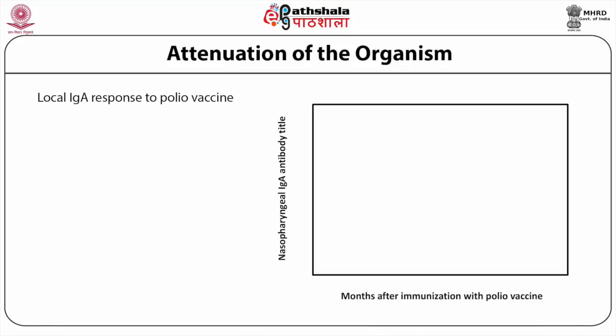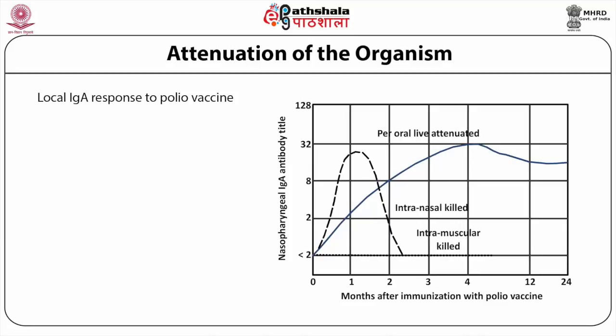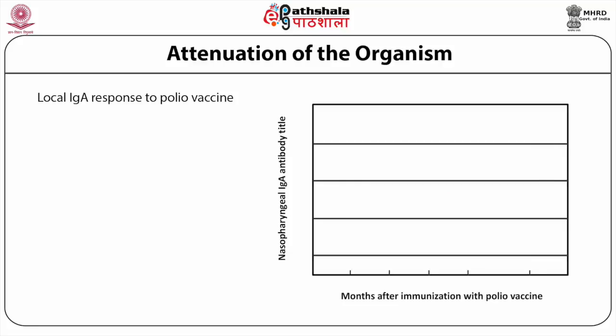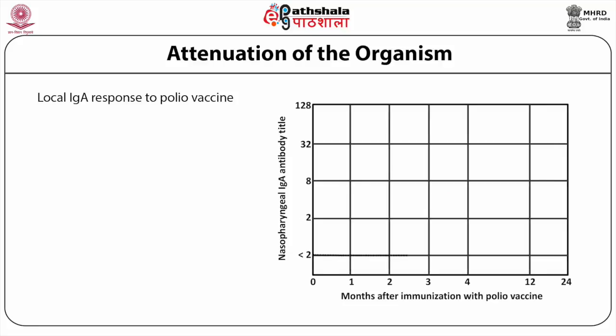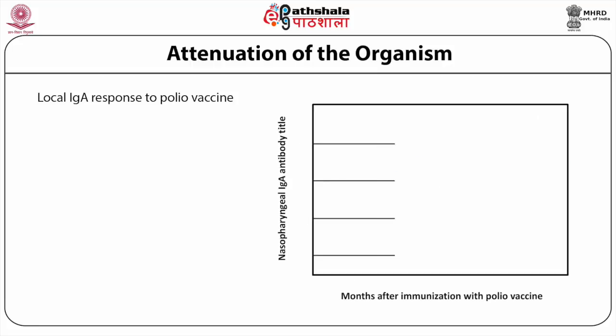In the case of Salk vaccine administered parenterally, its intranasal administration produced a better response in terms of nasopharyngeal IgA response. This showed that locally administered vaccine was more successful at protecting the site and inducing the response in terms of secretory protective antibody.